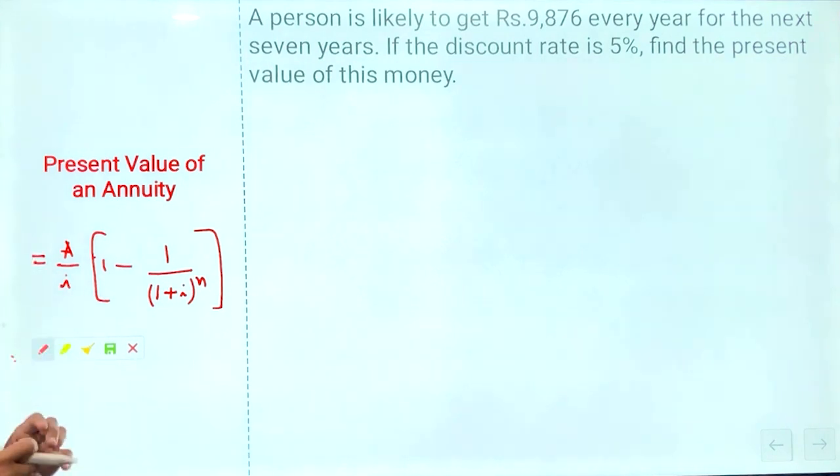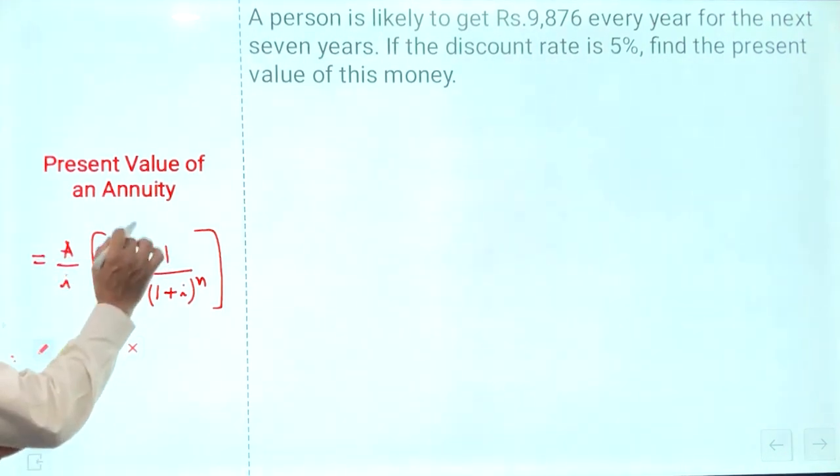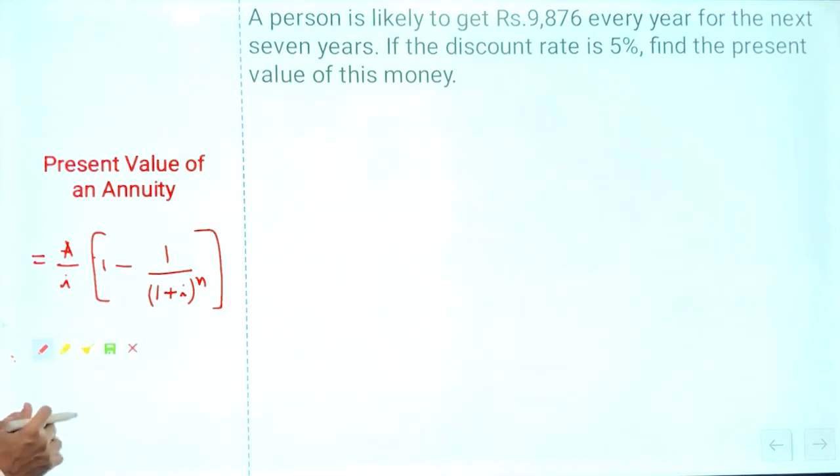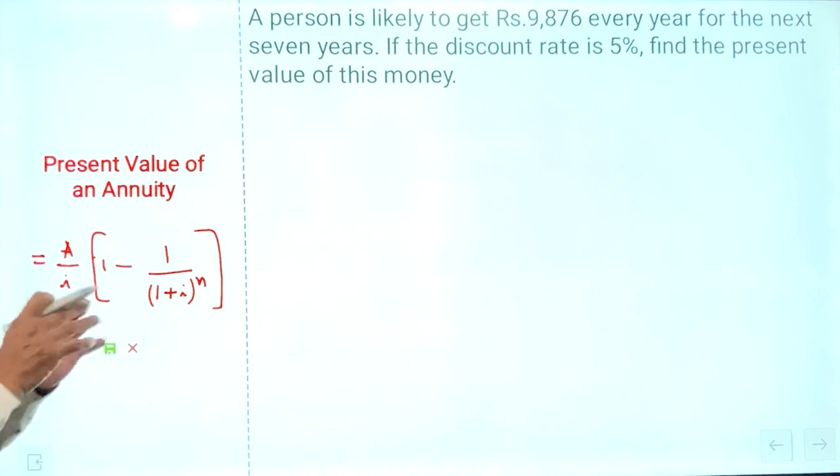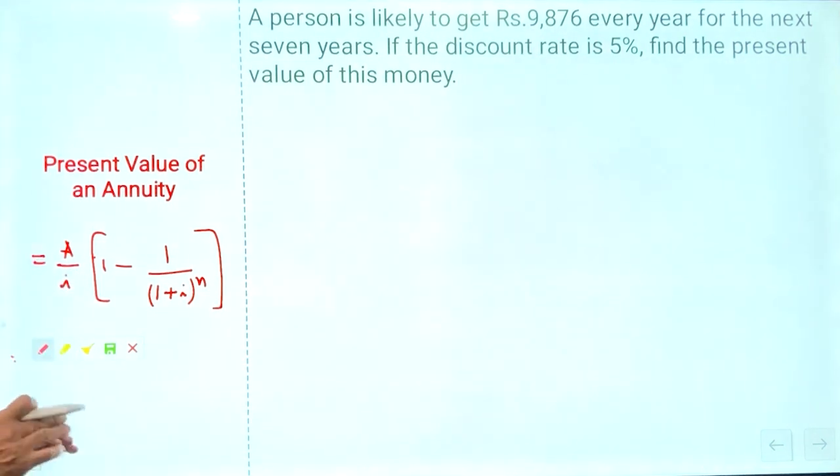The present value of annuity can be computed by using this formula, which says that present value of annuity is equal to annuity divided by I into 1 minus 1 divided by 1 plus I whole to the power of n. Let us use this formula to calculate the present value of annuity for this problem.